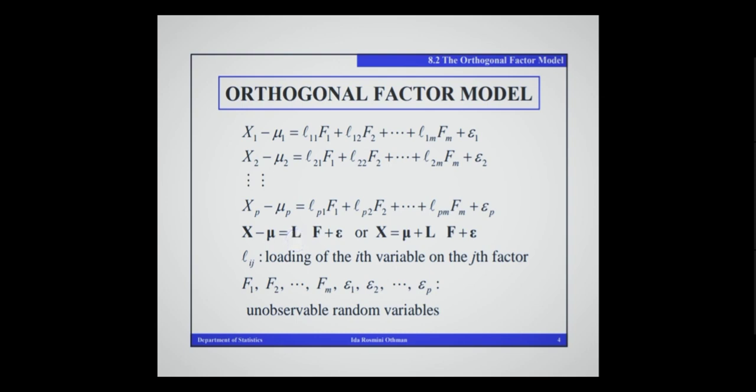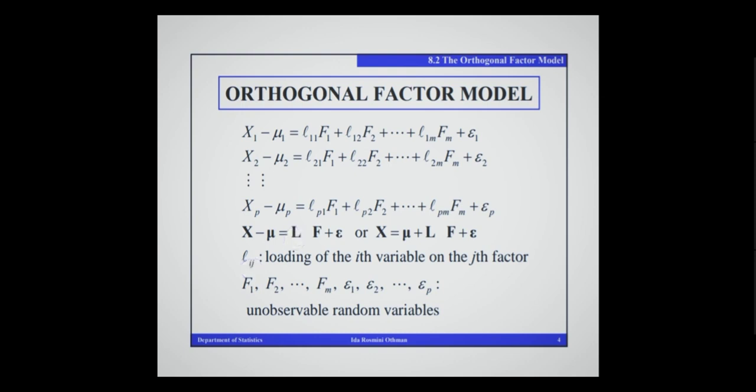Nantilah kat sini tak ada lagi formula nak kira loading. Ada dalam method estimation nanti. Okay, so kalau kat sini Lij means that the row will be the number of I, which is the number of variable, dan J adalah column, which is the number of factor used. Okay, so Lij adalah elemen dalam matrix L.